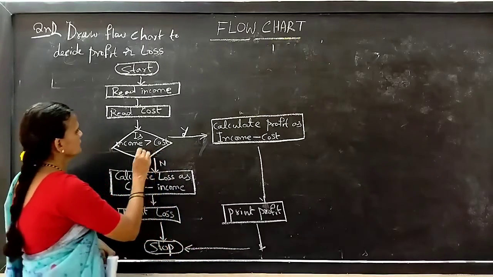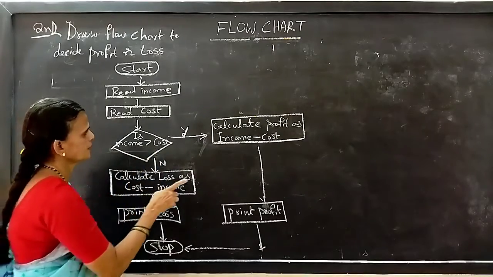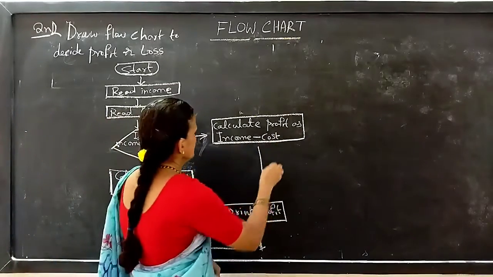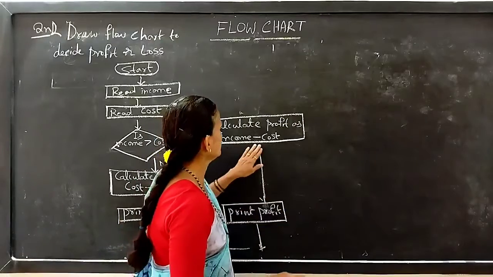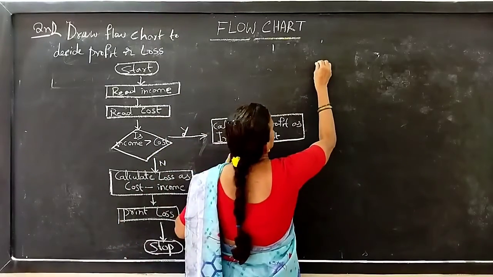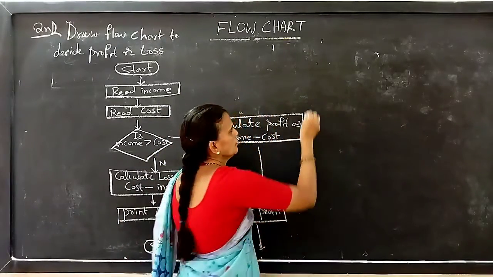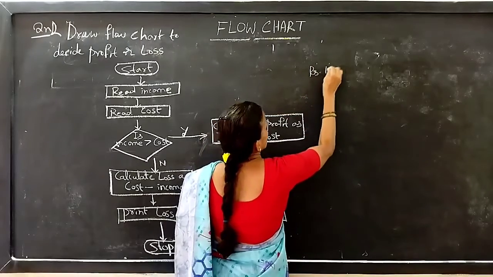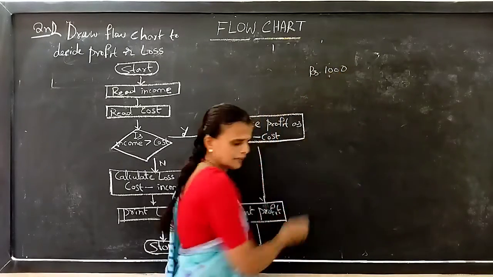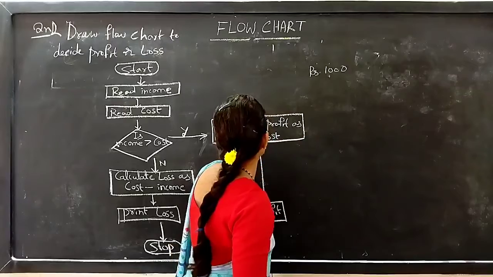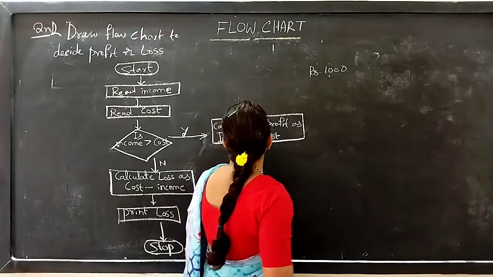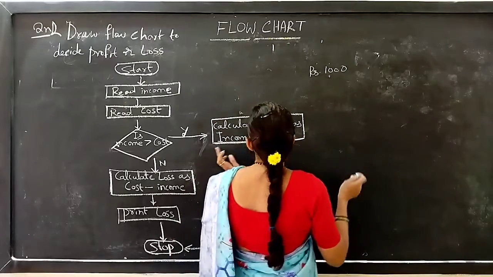So here the explanation is: profit means income minus cost. For example, think that we have rupees 1000 with us, and that is our income.